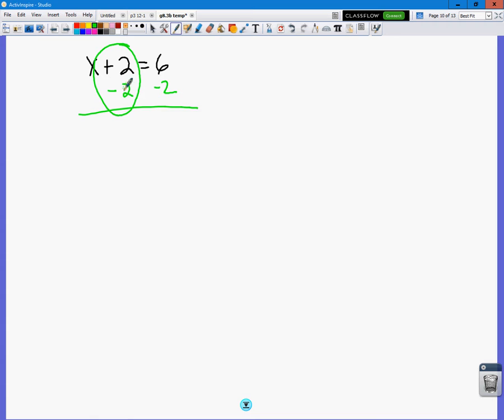Because they're opposites of each other, right? They're inverses. What if it was 2x equals 6? What would I do? Why would I divide? Because they're opposites of each other, right?